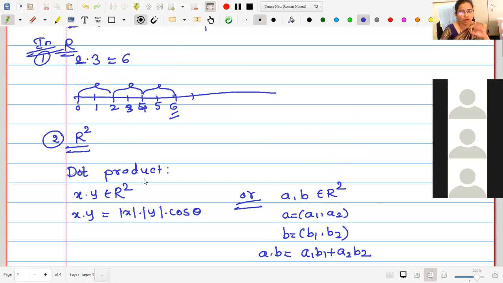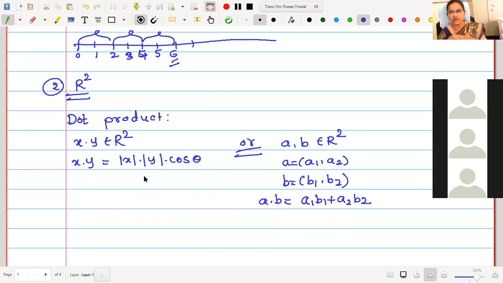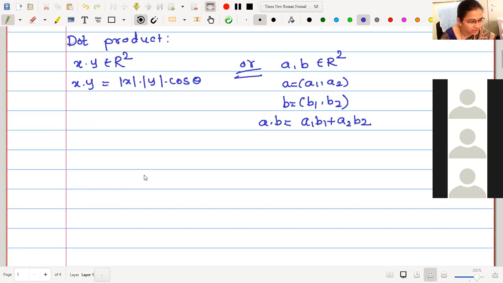Therefore, in R2, with the help of the trigonometric measures sin theta and cos theta, we will try to bring both the vectors onto one line. Once they come onto one line, it will be easier for us to use the multiplication definition.